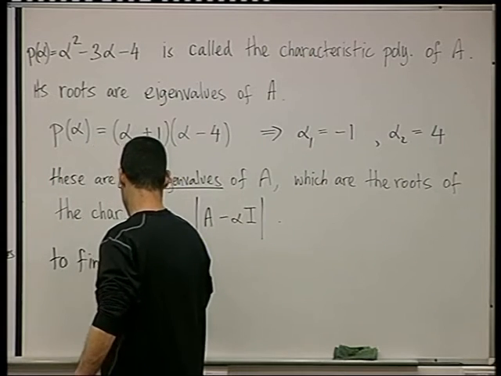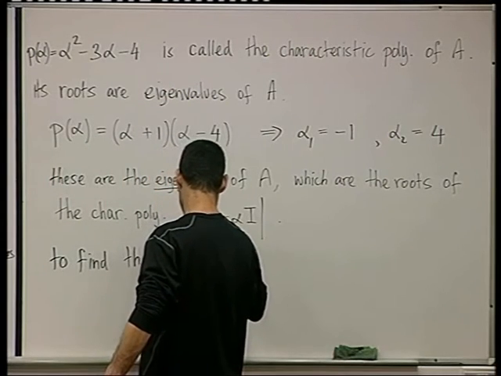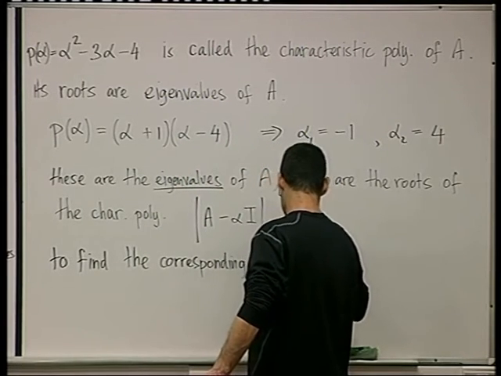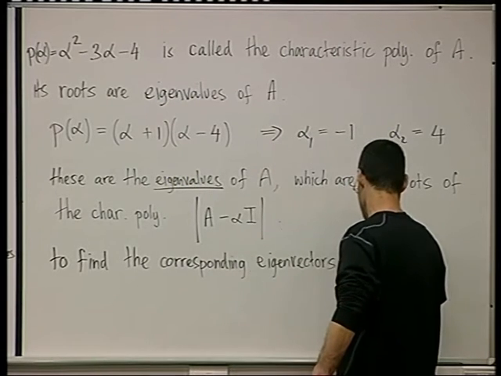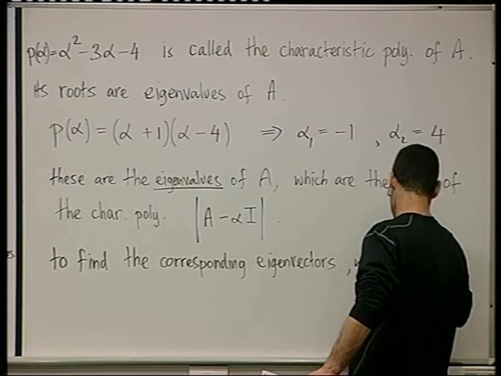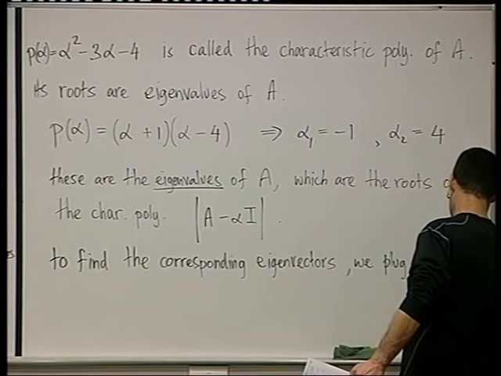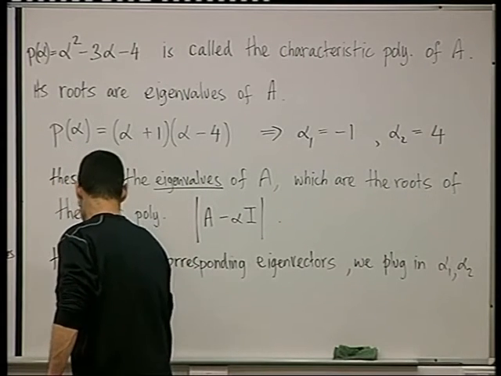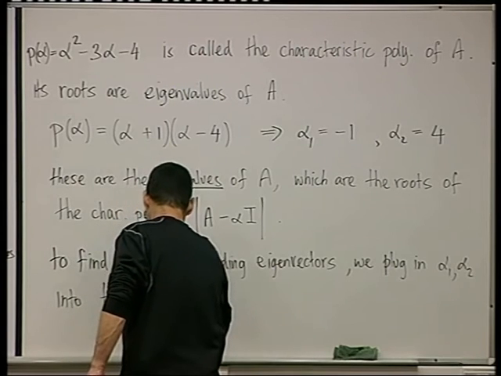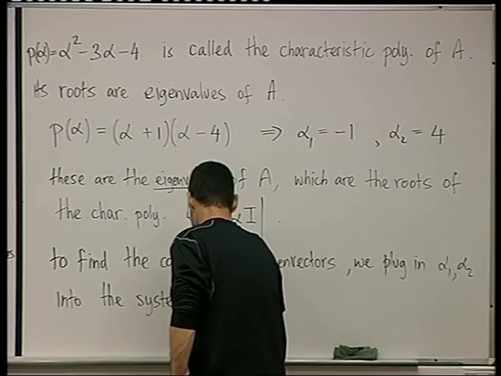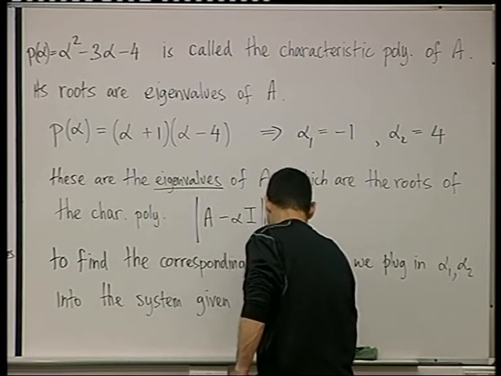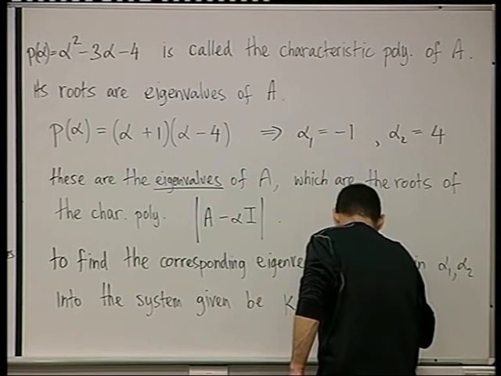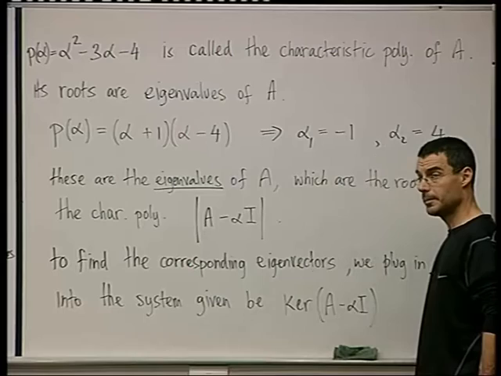To find the corresponding eigenvectors, we plug in alpha 1 and alpha 2 into the system given by the kernel of A minus alpha I. Right? That's what we want to do.